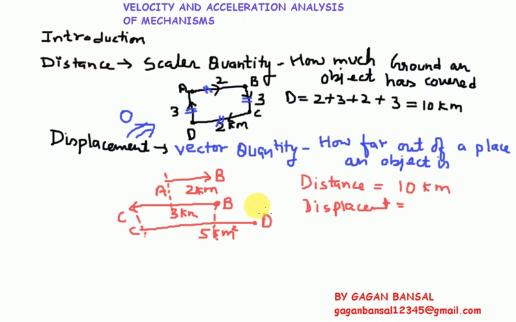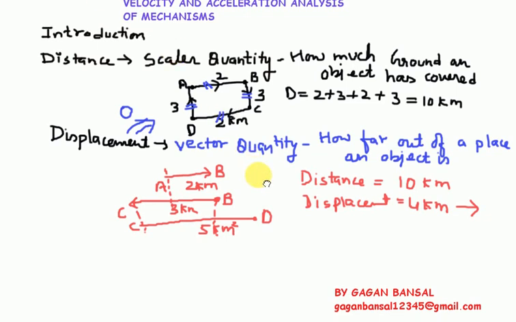So from A to D it is 4 kilometers and in right direction. Clear? So that is what distance and displacement are.